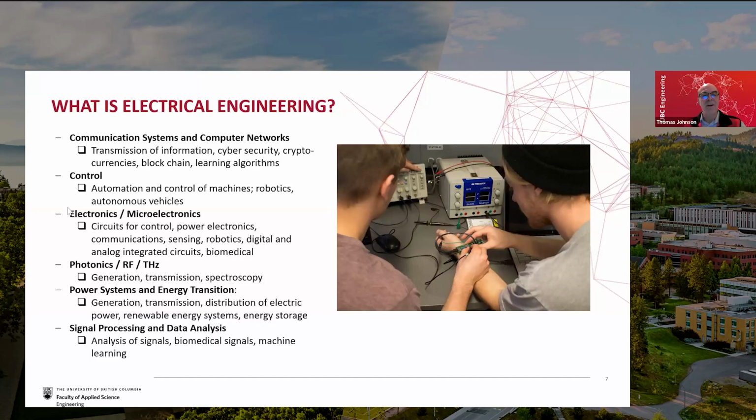We have electives in all of these areas: communications, control, electronics, microelectronics, integrated circuit design, photonics, power systems, signal processing, machine learning. Those are all examples of electives that you can take in your fourth year.